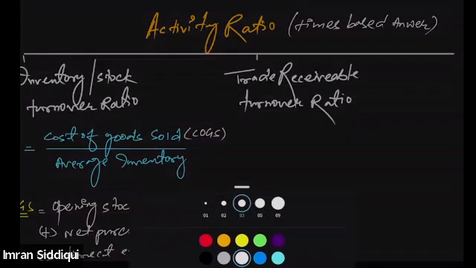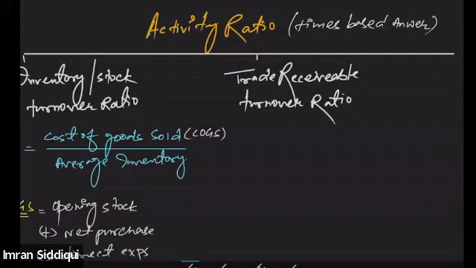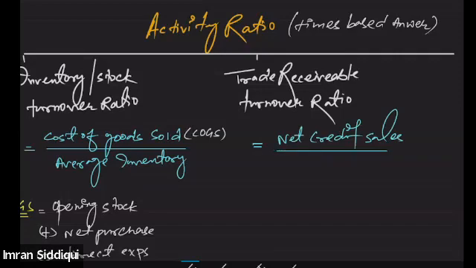The formula for the trade receivable turnover ratio is the total net credit sales divided by the average trade receivables.